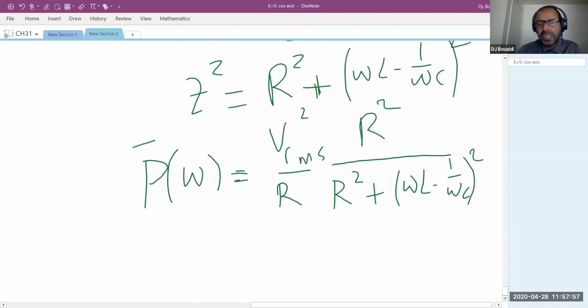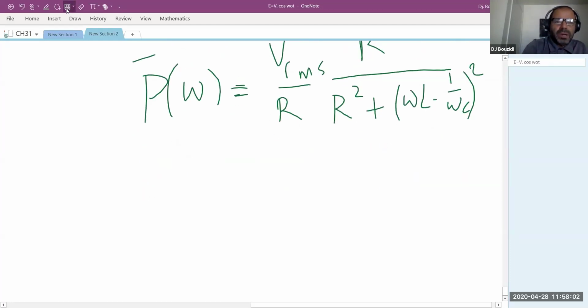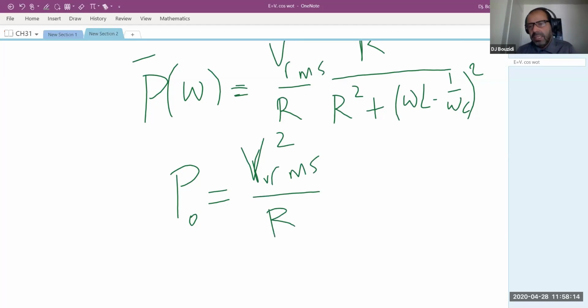So all the units of the power are carried by this expression in here, which has 1 over R in it. So basically, the power then depends on, I'm going to call the following expression here, P naught. That's going to be V RMS squared over R. This is in watts. This expression, the bigger R is, the smaller it is. The smaller R is, the higher it is.